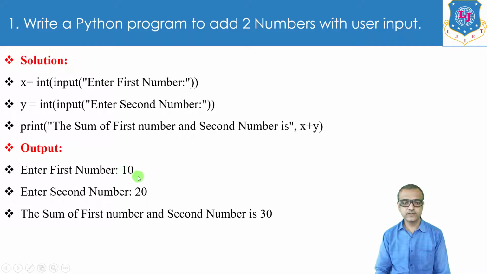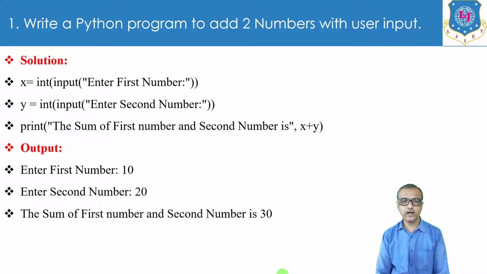Say the user has entered 10. Then after, enter second number. Now say the user has entered 20. Then the sum of first number and second number is 30, that is 10 plus 20, 30.